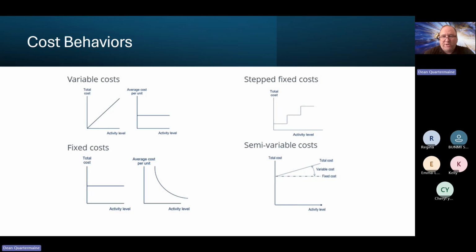The example I always use is your household electric bill. Most people's household electric bill contains 2 elements. A standing charge, which is in our case the fixed element. And then a variable cost, which is all about how much electric you use.